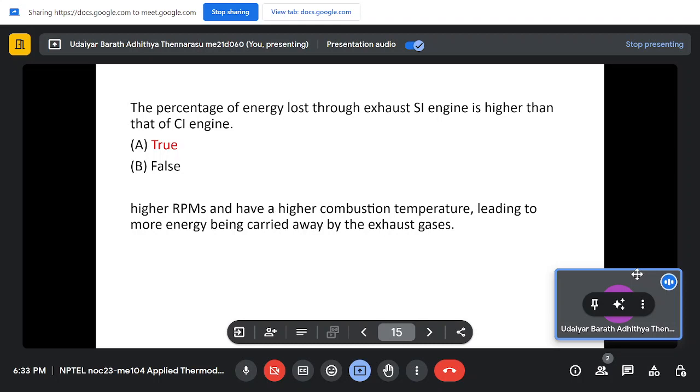So hence a greater amount of mass is being pushed out, and also the combustion temperature will be higher compared to the compression ignition engine. Higher temperature means more energy. So you are rejecting more energy in the exhaust gas in a spark ignition engine compared to a compression ignition engine. So hence the statement is true.